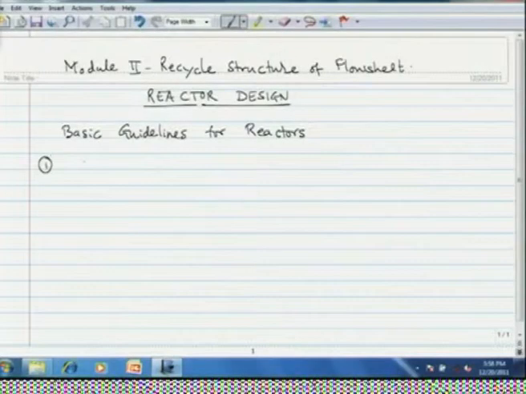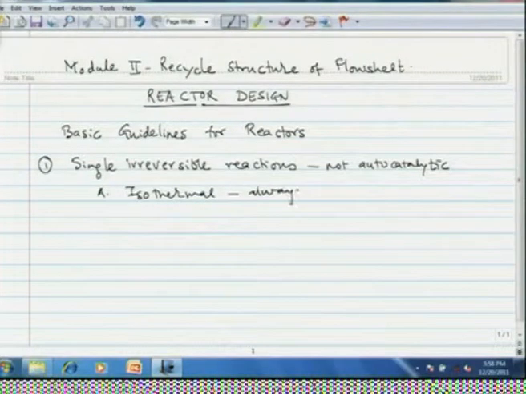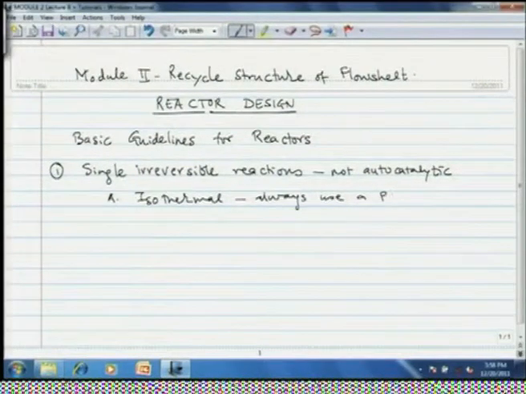In the simplest case, where you have single irreversible reactions, which are not autocatalytic, if the reaction is isothermal with not much heat liberated or absorbed, you can always use a plug flow reactor, PFR. Okay.